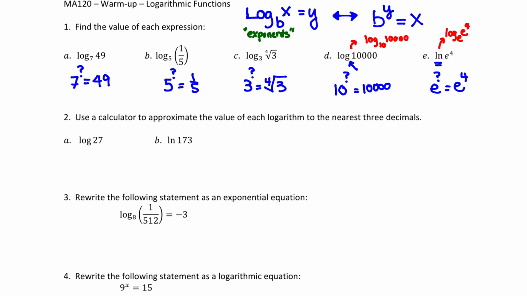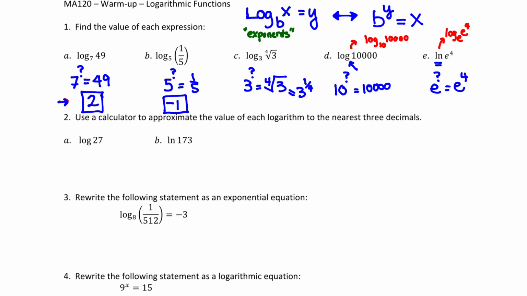Alrighty, good. So here we go, starting with A. Abel, did you get the first answer? What should that be? 2. 7 to the second power gives us 49. Megan, did you get the next one? -1, because 5 to the -1 is 1/5. Beautiful. Did anybody get the third one? Blake: 1/4, absolutely, because the fourth root of 3 is 3 to the 1/4.